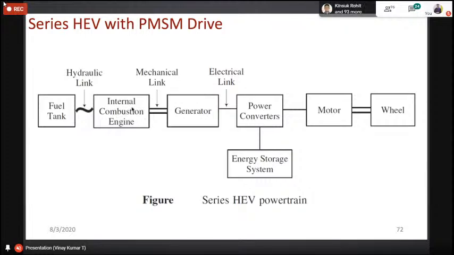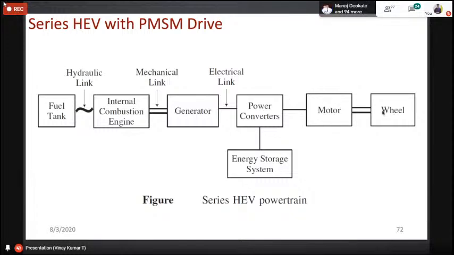Next, the IC engine output is mechanical power. This mechanical power is fed to the generator, right? The generator output is connected to the power electronic module. Then by using the power electronic module, we can change the voltage and frequency to the motor. Then the motor is connected to the wheel, right?